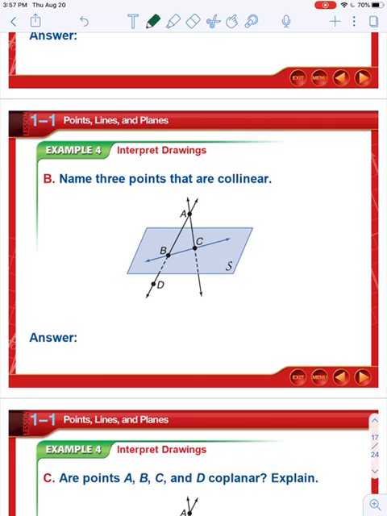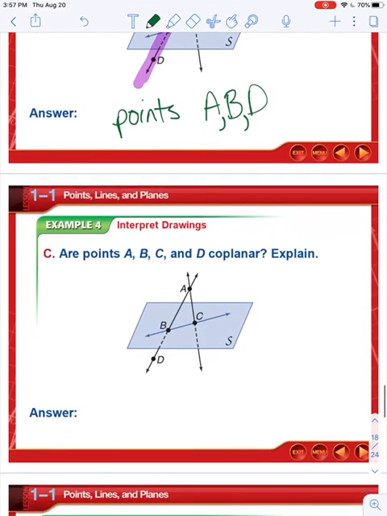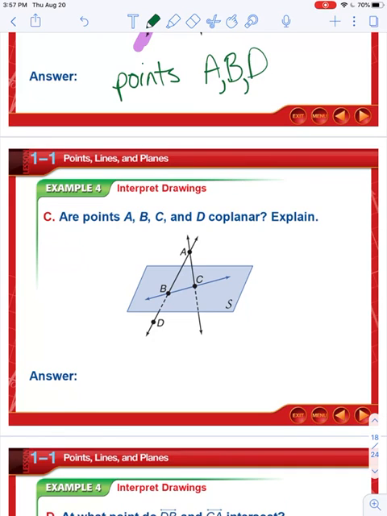Three points that are on the same line, collinear. That would be points A, B, and D. Put commas in between. Are these points coplanar? They are coplanar for the plane that we created, that's there.